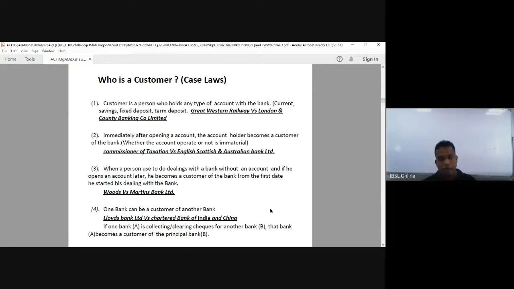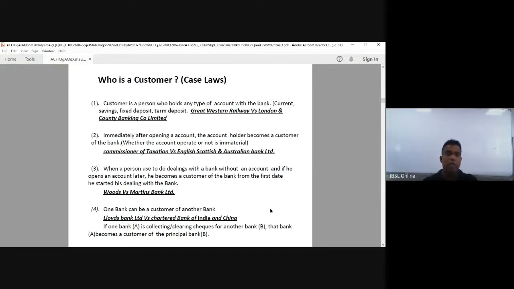If you write like that, you can get half a mark for the point. So what is the legal point decided in this case?